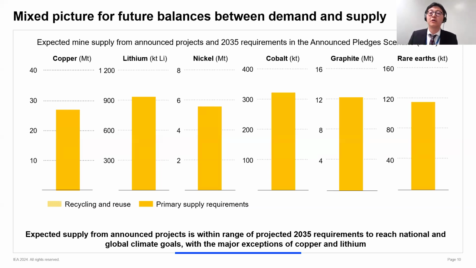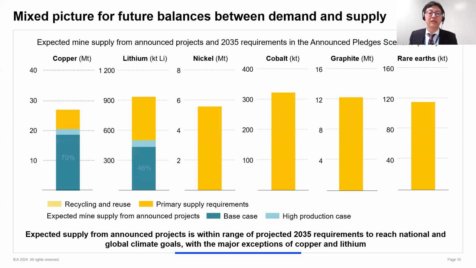Using our announced project scenario as a benchmark, the situation in 2035 broadly falls into three major categories. The first category is copper and lithium, where the expected mine supply from announced projects falls short of the material requirement in this scenario. And the second group is nickel and cobalt.